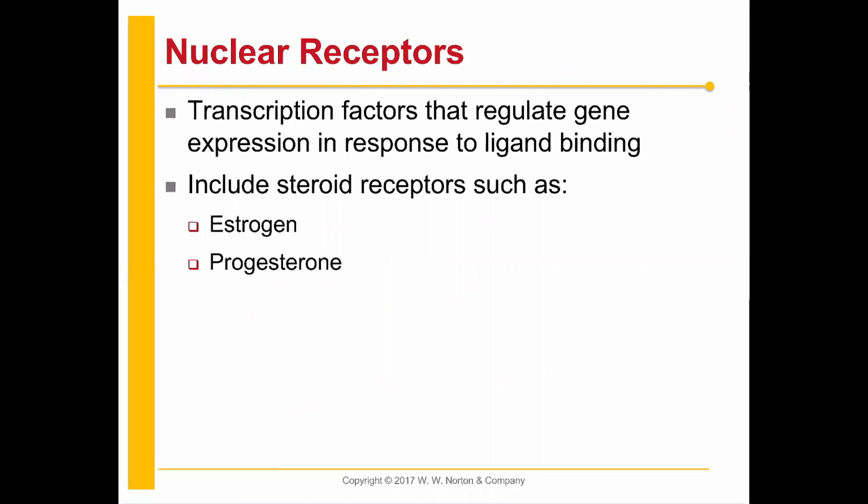Think of examples where a hormone goes through the bloodstream and you want it to change transcription of genes. An example is estrogen and progesterone. These steroid receptors are major targets for the pharmaceutical industry. These are the hormones in birth control pills, so you have to understand how those interactions work in order to regulate nuclear responses.